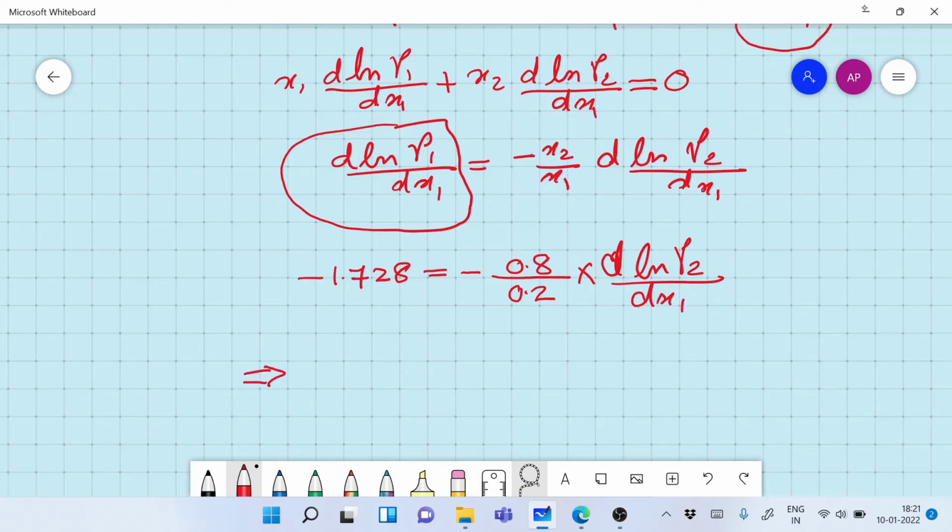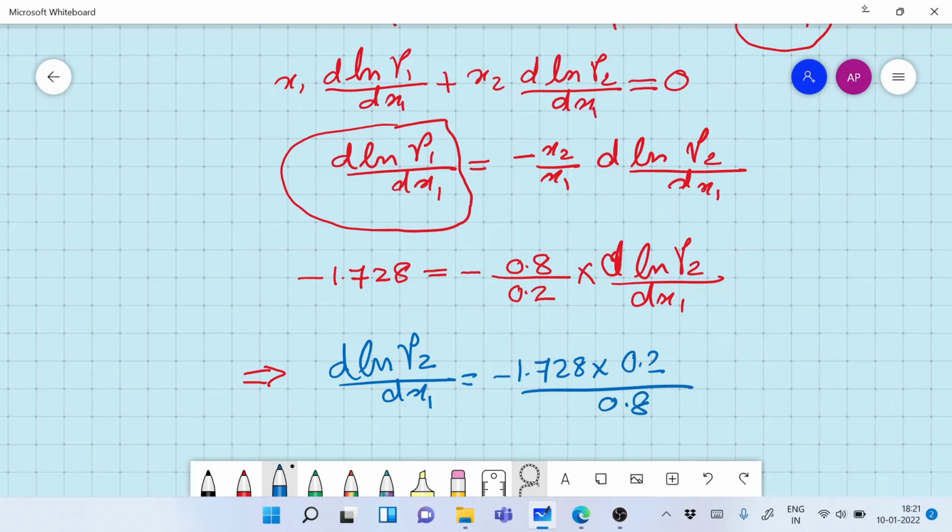Therefore, we get our answer, which is d ln gamma 2 by dx1 is equal to minus 1.728 into 0.2 by 0.8.